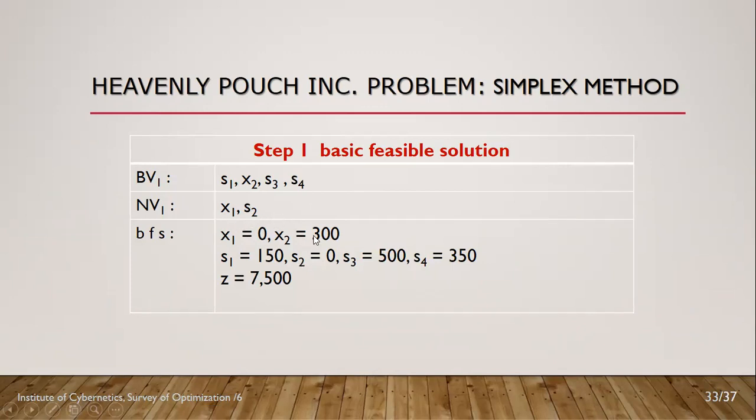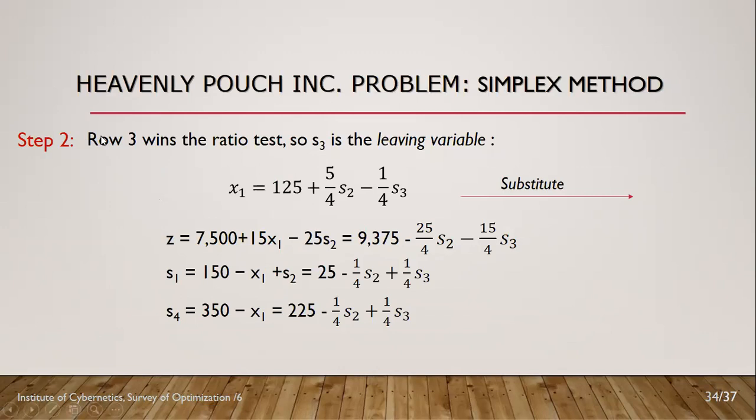Then as x sub 2 moved to the basic variables, it is 300 now. S sub 1 is 150, S sub 3 is 500, and the z function value, the objective, is 7,500. So as row 3 wins in the ratio test, S sub 3 is the leaving variable currently.